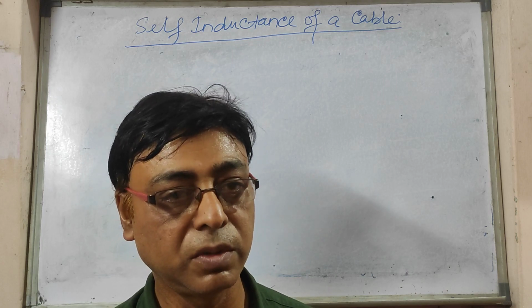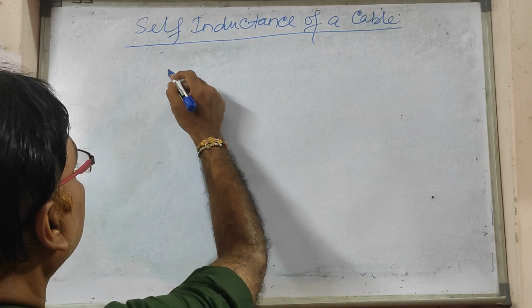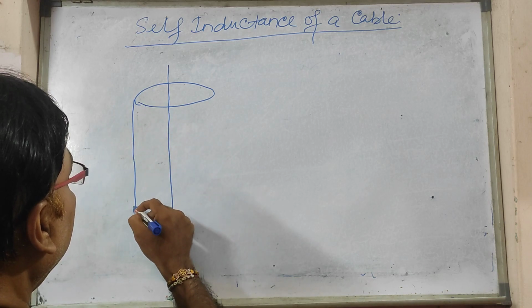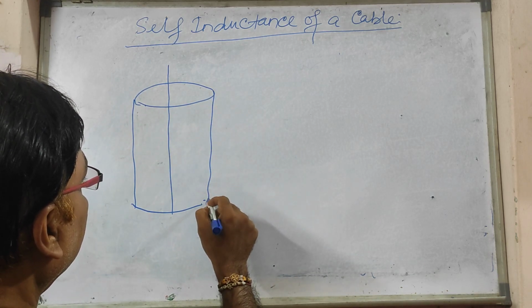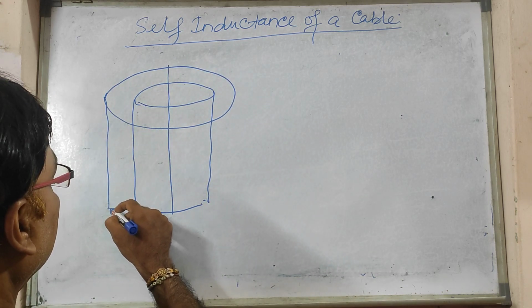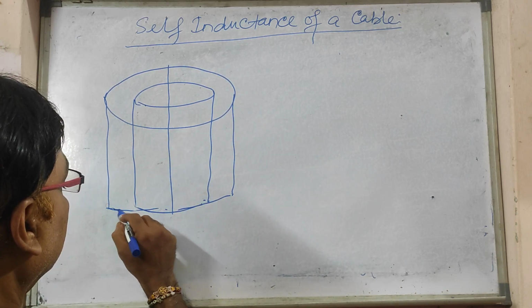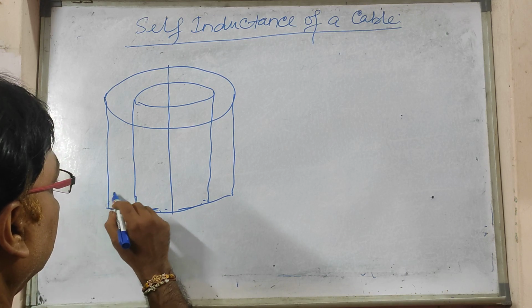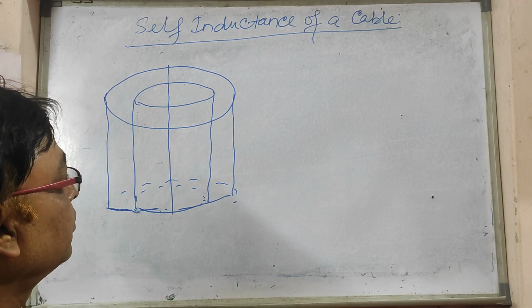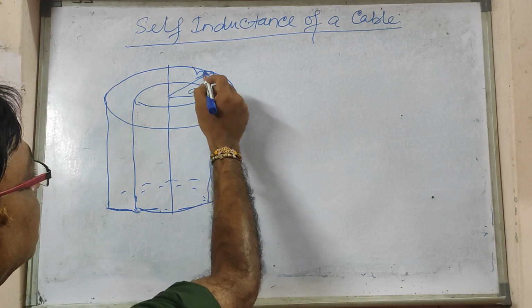Now suppose consider a cable having inner radius A and outer radius B. So this one is A and this one is B.